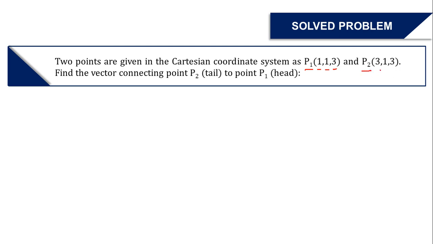And then point 2 with x equals 3, y equals 1, z equals 3. We are to find the vector connecting point 2, which is yung ating tail, and to point 1, yung ating head. So lagi natin tatandaan kung nasan yung tail and head. Kasi yan yung magdi-dictate ng ating formula. Okay?